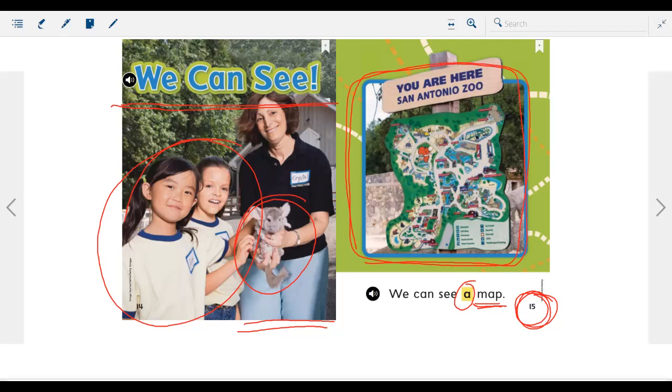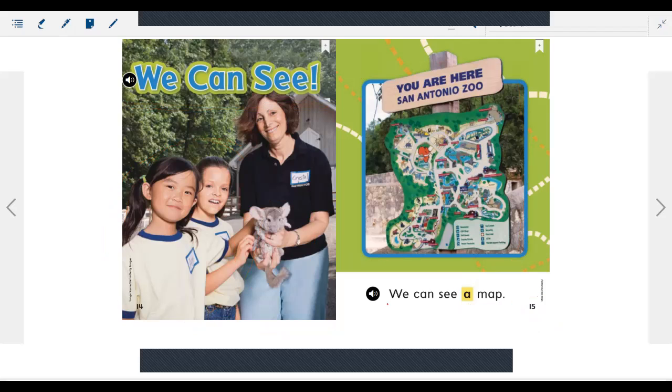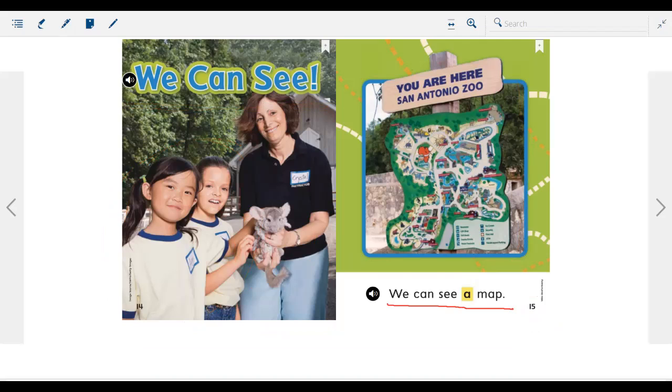It's the map of a zoo. All right, let's read together. We can see a map. Let's read it again. We can see a map. Very good. We start at the left and we read to the right.